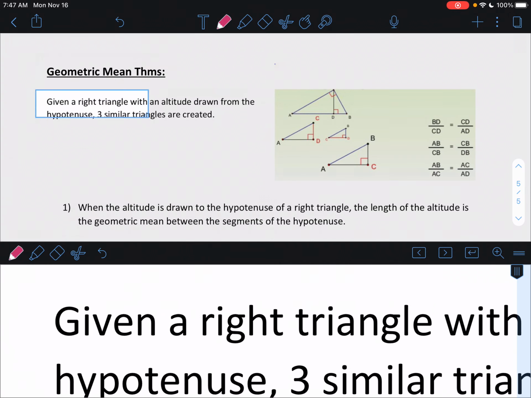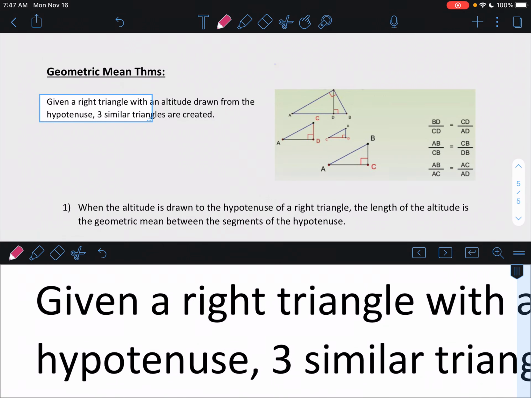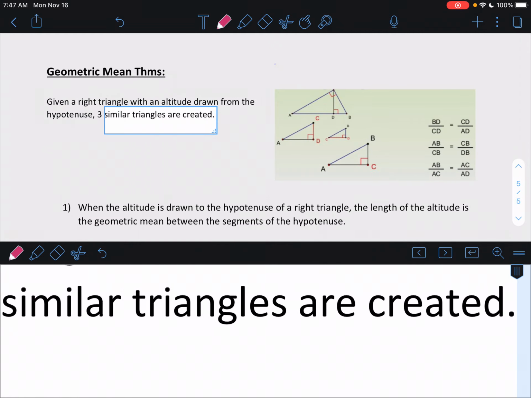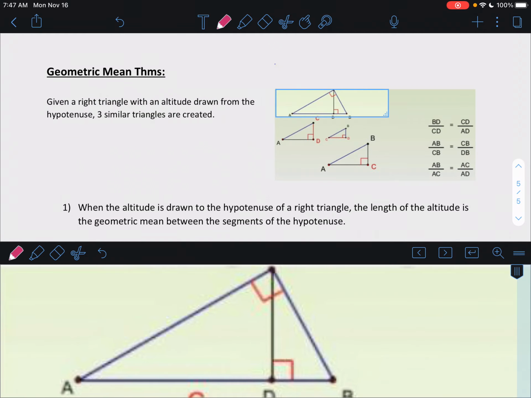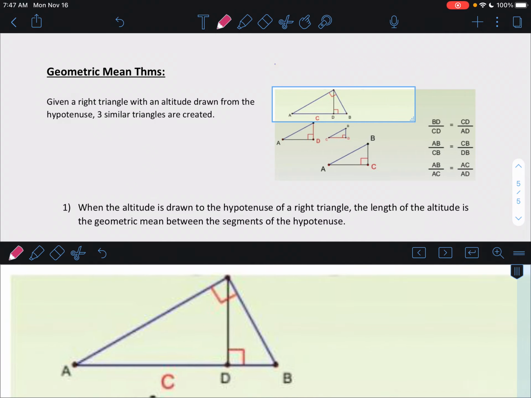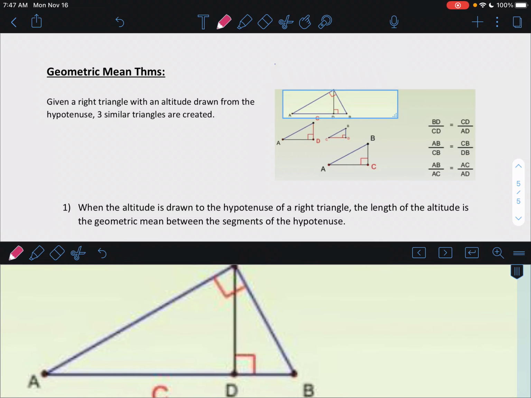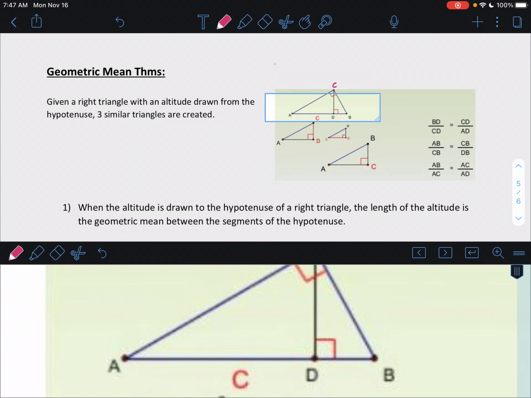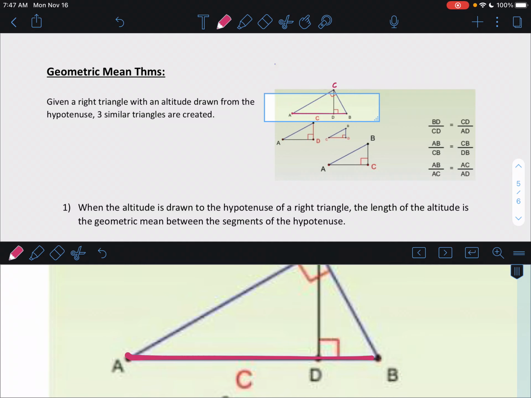Okay, geometric mean theorems. So it says given a right triangle with an altitude drawn from the hypotenuse, three similar triangles are created. So here is our right triangle. And remember, an altitude means it is going to form a right angle and go through one of the points. That's pretty much all it means. It looks like the C got cut off, but that should be triangle ABC.